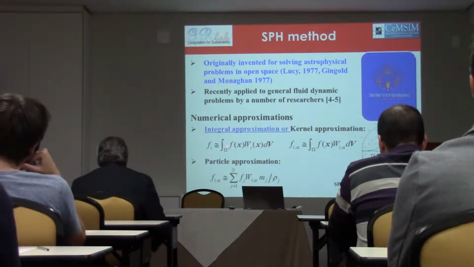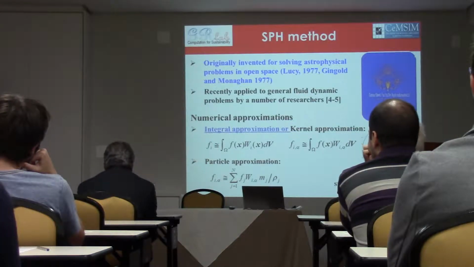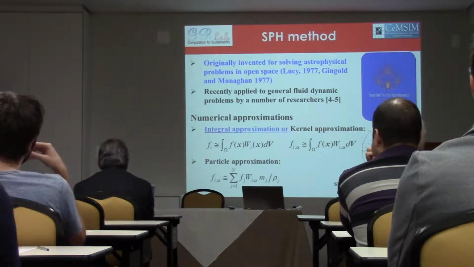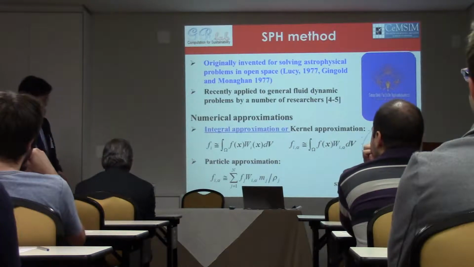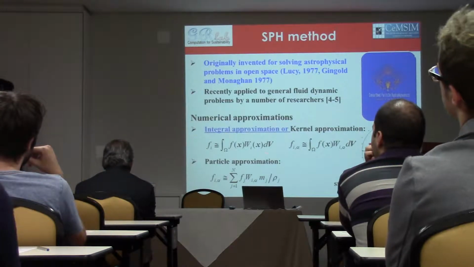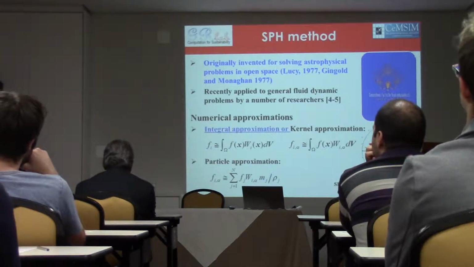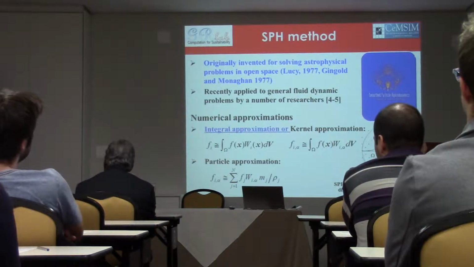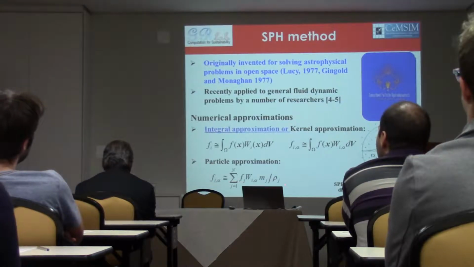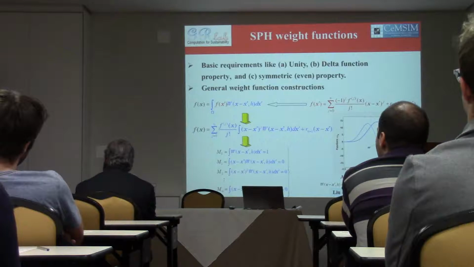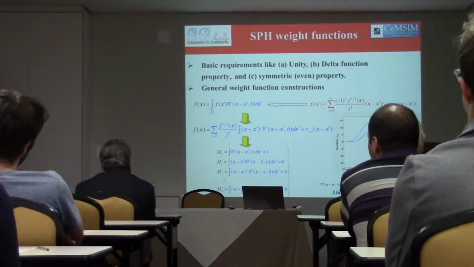With this, I will be able to get a value, and that value is the approximated value of that function for a particular particle. And this integral equation can be discretized further into a discretized form or particle form, and we call it particle approximation.